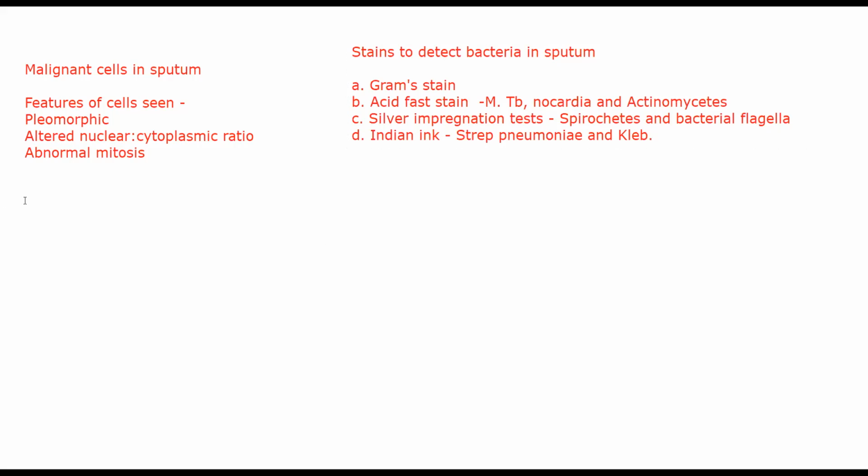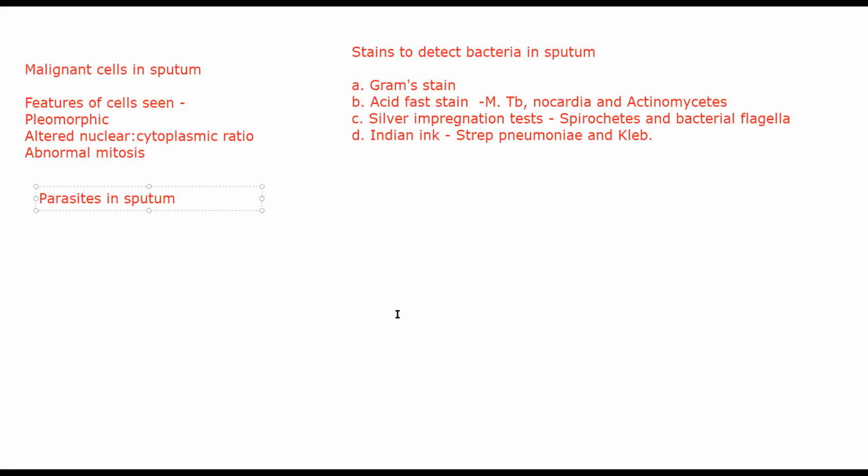Sometimes you will also find parasites in sputum. Generally, if there is a parasitic lung infection, the patient will start coughing parasites out. Sometimes you will see scolex and hooklets.